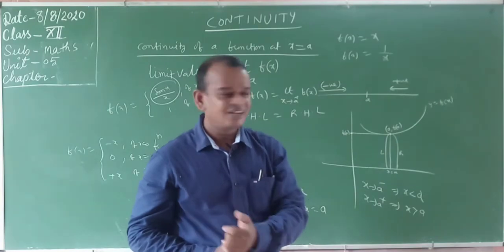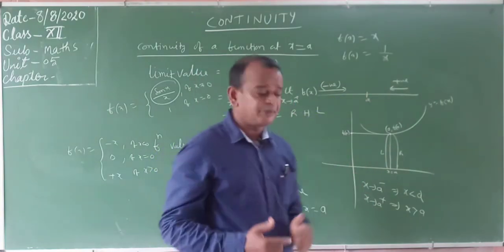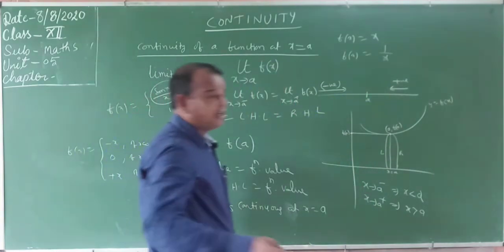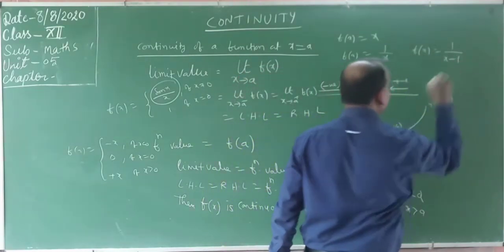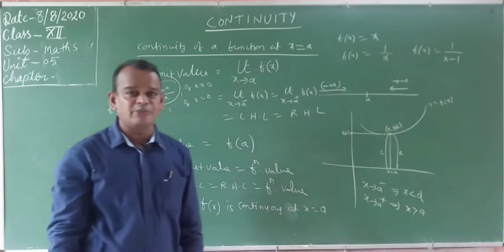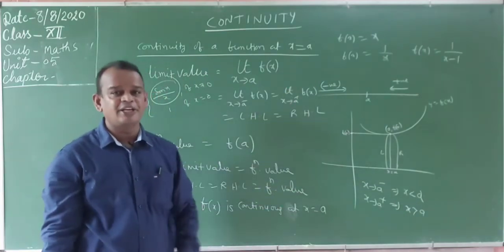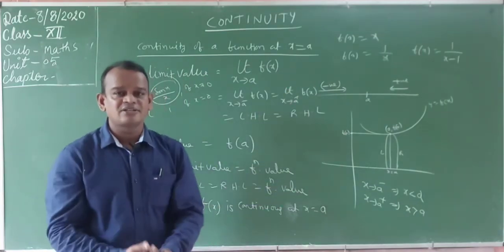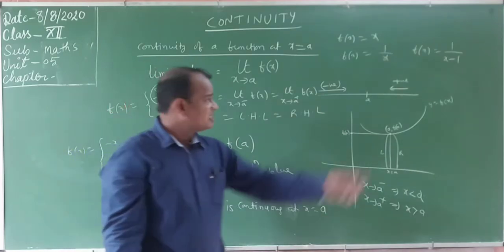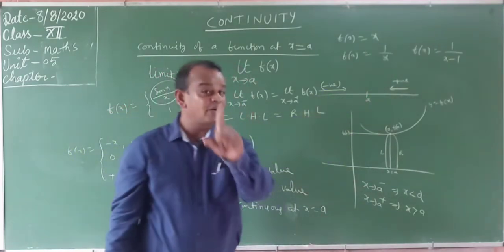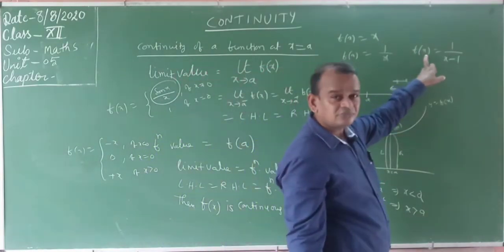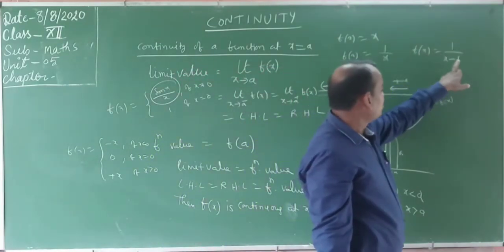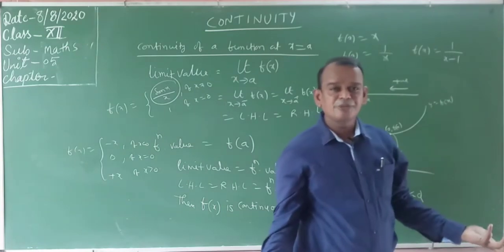Understood? What is the discontinuity? From the examination point of view, find the discontinuity point of f of x is equal to 1 by x minus 1. Suppose f of x is equal to 1 by x minus 1, write the discontinuity at x is equal to dash. It is defined at every value of x, but is not defined at x is equal to 1. Observe that, put x is equal to 1, what happened? 1 by 1 minus 1, 1 minus 1 means 0, 1 by 0 means infinity.